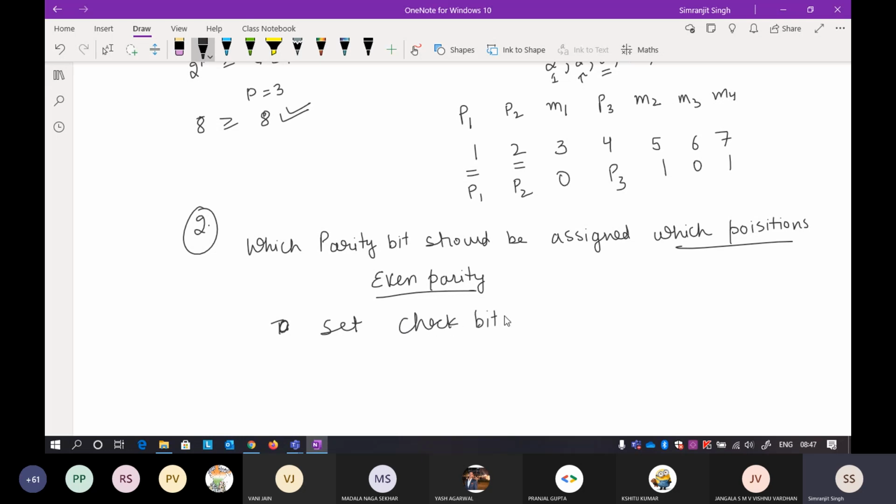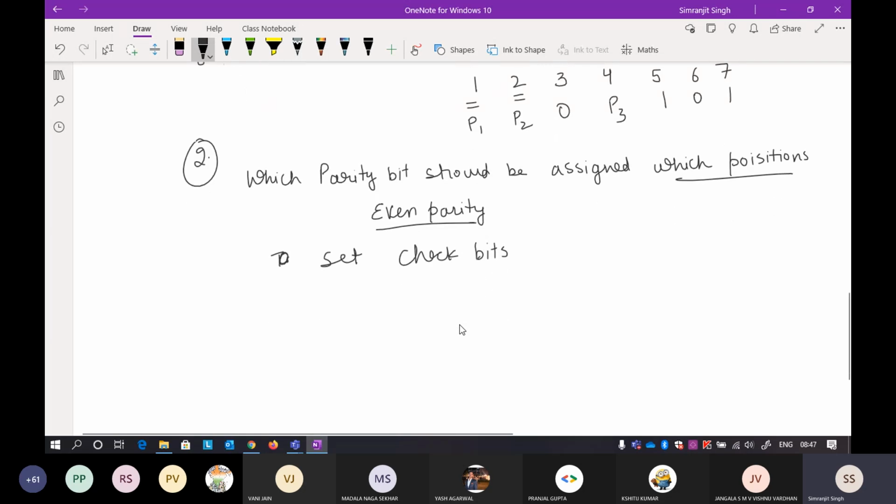Now these check bits will help the receiver understand at which position the error is. Don't worry about it, I'll show you. The check bits are denoted by C1, C2, and C3.